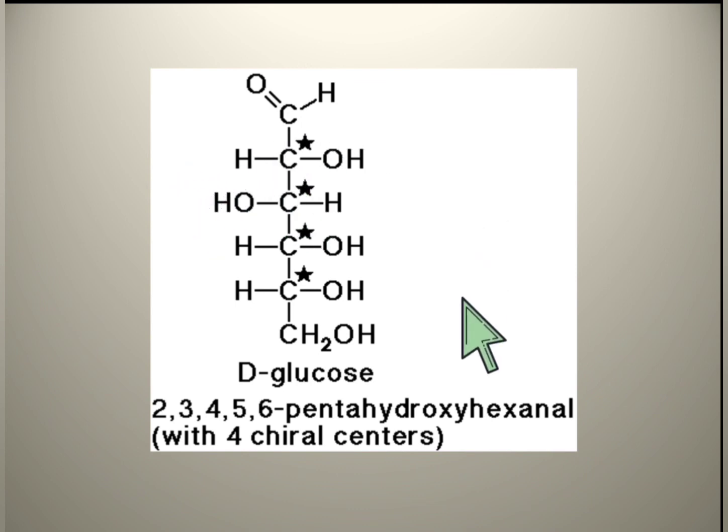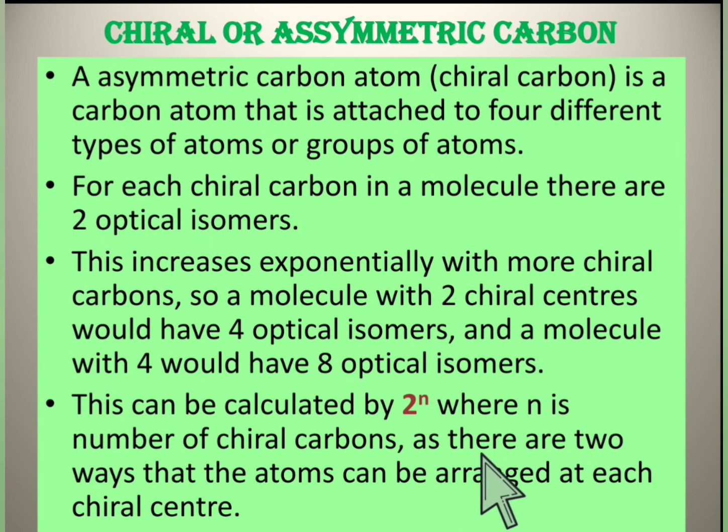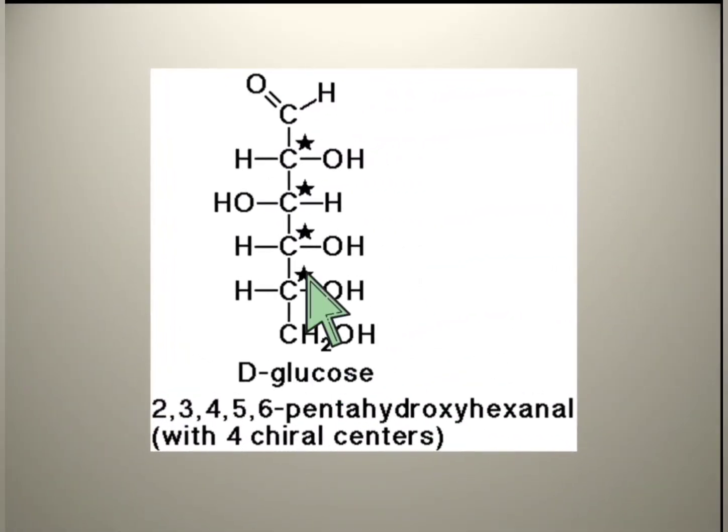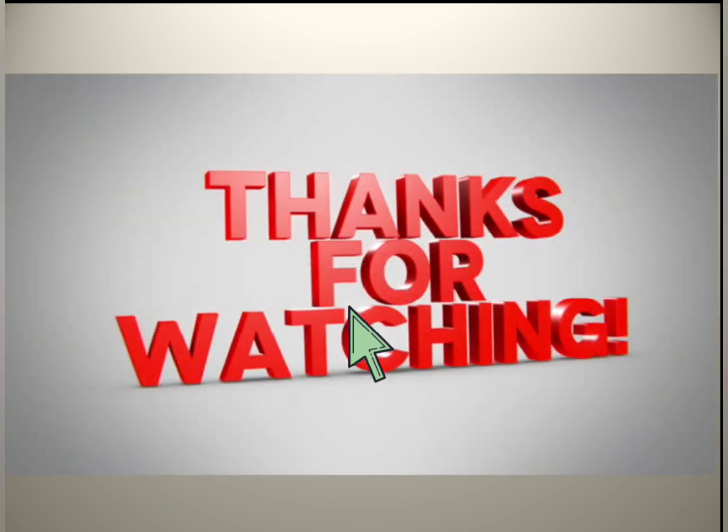In another molecule, the OH can be on the right and the H can be on the left. So that is why you see it will lead to the formation of these optical isomers, as there are 2 ways where the atoms can be arranged at each of these chiral centers.